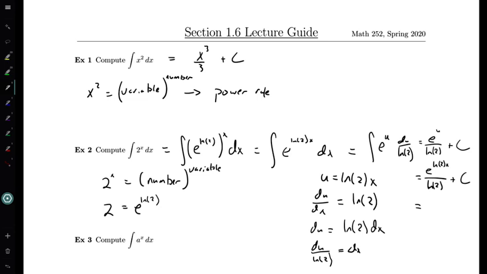This is certainly a fine answer, but maybe it would be better if we were to write it a little more simply. In particular, e to the natural log of 2x was exactly 2 to the x. So we can reverse all of the steps that we did previously to rewrite this as 2 to the x over natural log of 2 plus c.